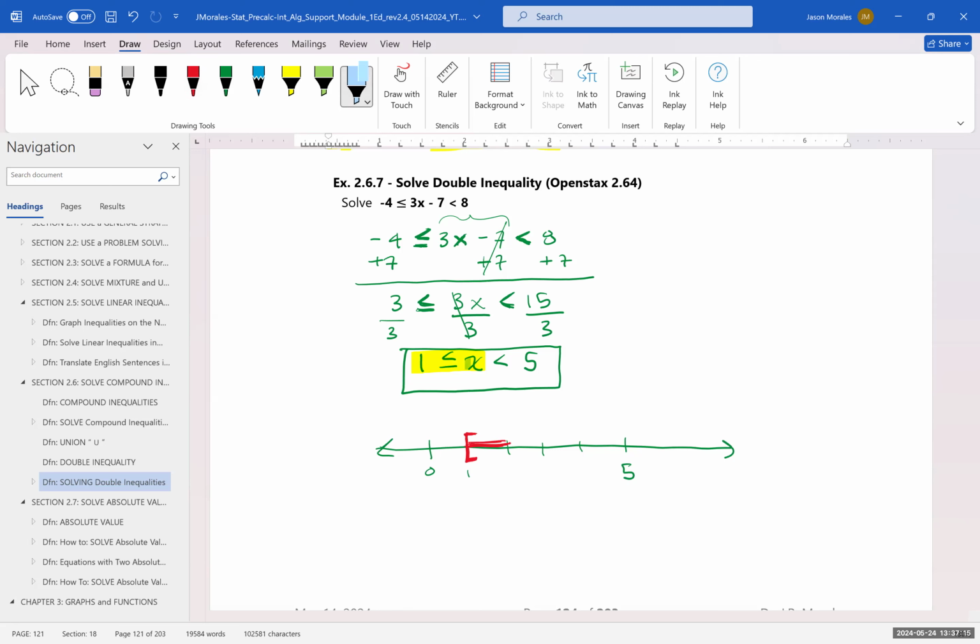And x is less than 5, so on 5, we're going to have parentheses because it's less than, not less than or equal to, and it goes in this direction. If we combine the more than with the less than and join these two together, that's the interval for our solutions of x. So x is going to be everything between 1 and not including 5.